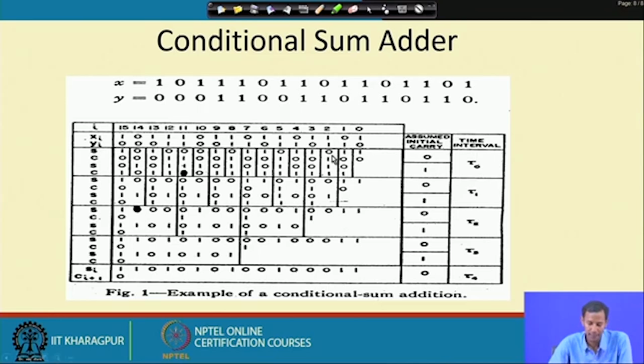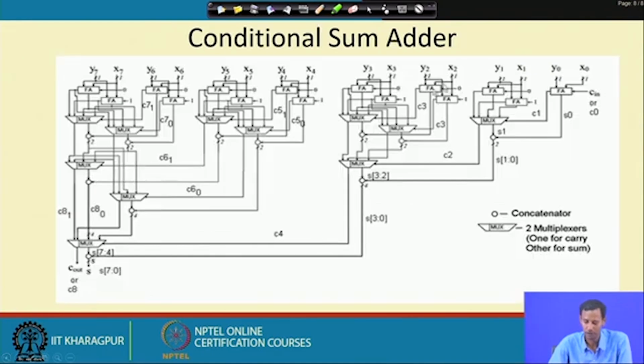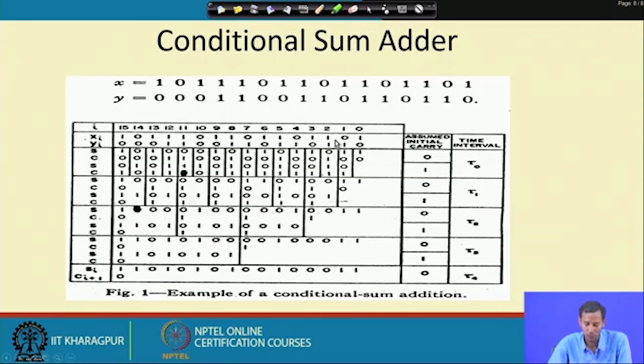Then for the second position, y 2 and x 2, what is the value? For y 2 and x 2, both are 1, so I will get sum equals 0 and carry equals 1 for carry input 1.